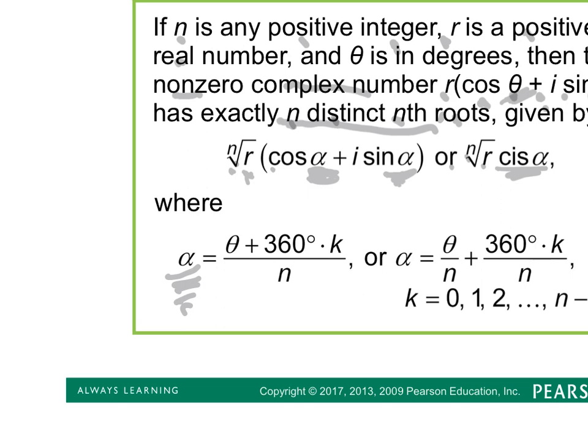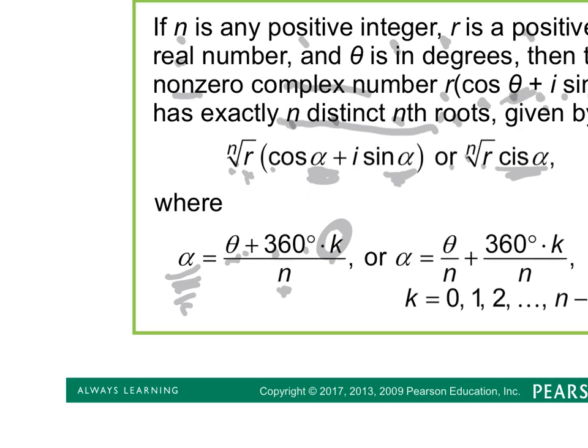How do we find that new angle? It's your original angle plus or minus 360 degrees, or 2 pi if you're in radians, times some factor called k, I'll get to what k is in a minute, divided by whatever that nth root was. So if it's a square root, n is 2. If it's cube root, n is 3.